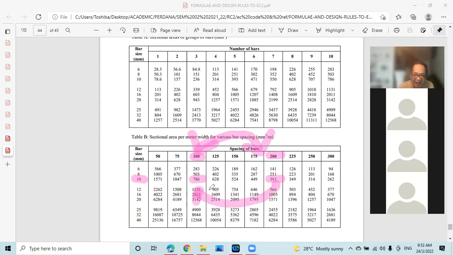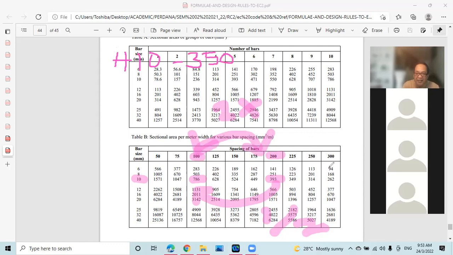This area is half. This one is 2 times. Double the spacing, the area becomes half. Meaning if I want to use, let's say for example, H10 at 350. I want to use 350.